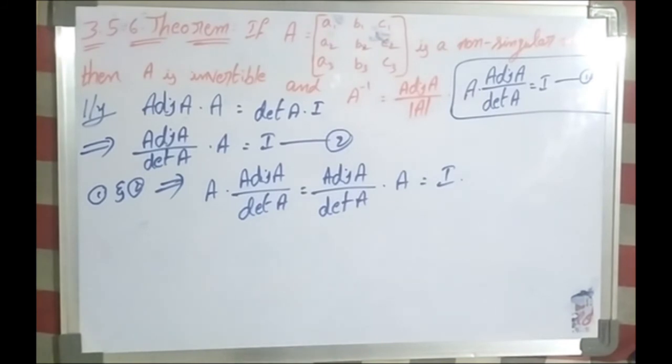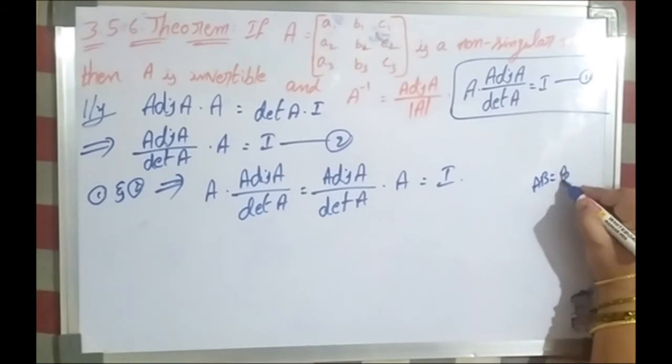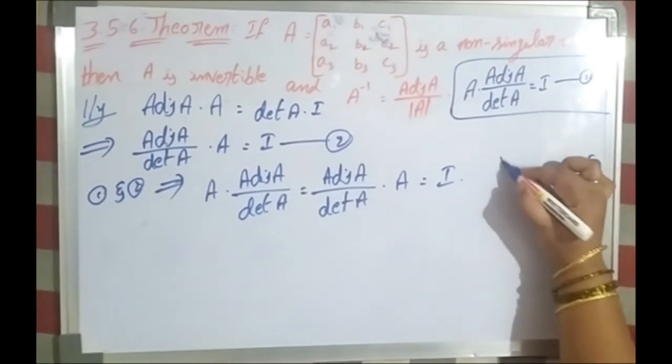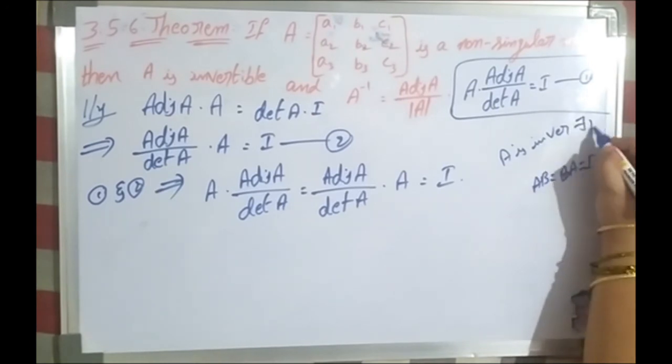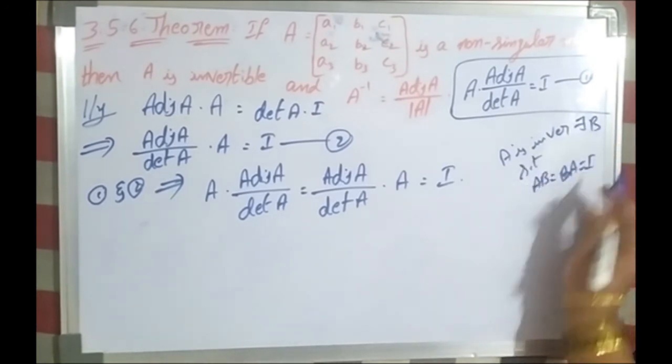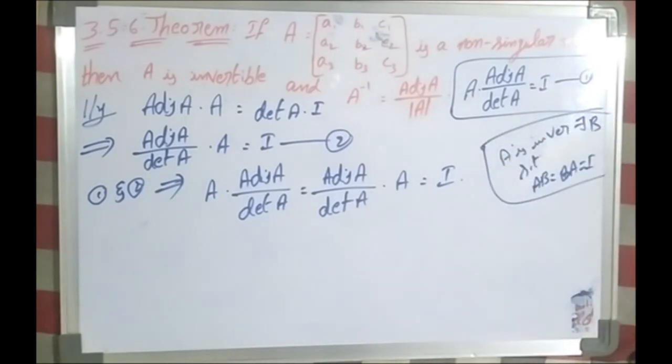inversion of a matrix. By the definition of inversion of a matrix, if A is invertible, then there exists a matrix B such that AB equal to BA equal to I. This is the definition of an invertible matrix.